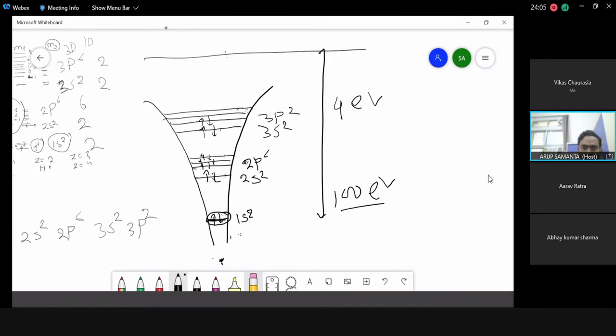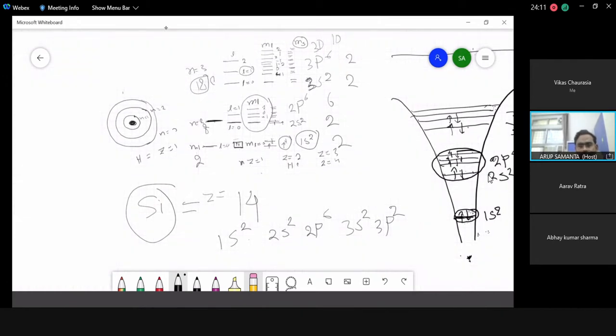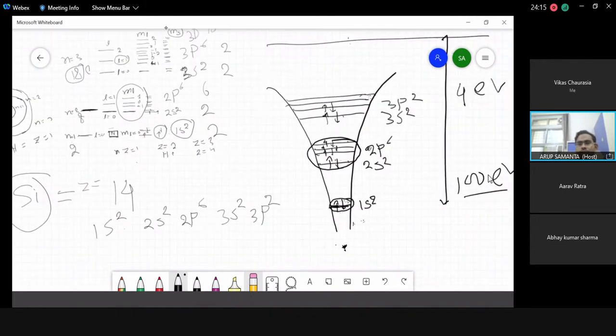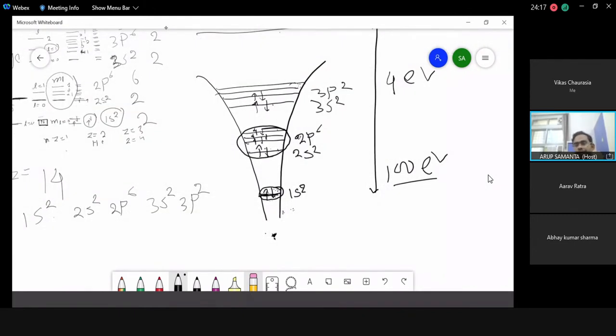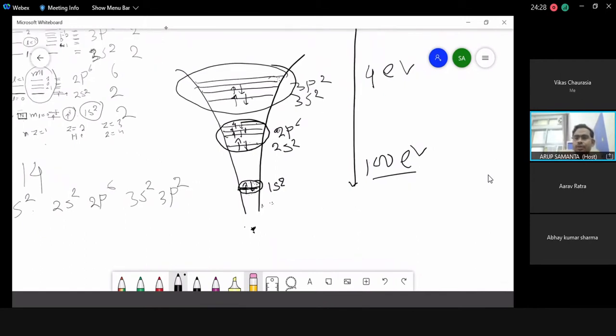As per this drawing, if the radius is smaller, the energy is higher. For the other orbits, the radius should be bigger, and the upper orbit again a bigger radius. This is the concept of the pure atom.